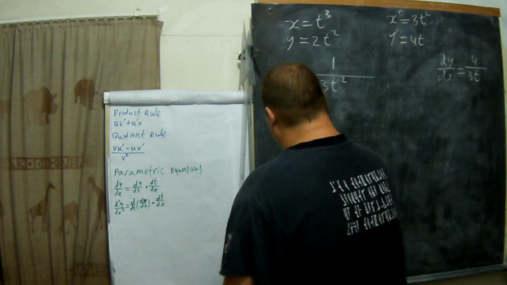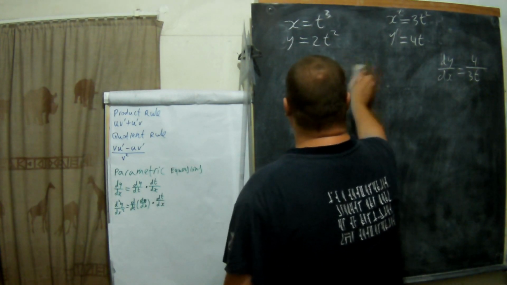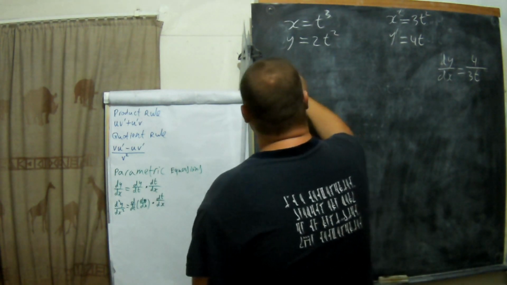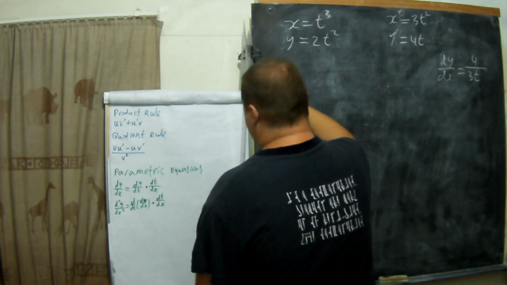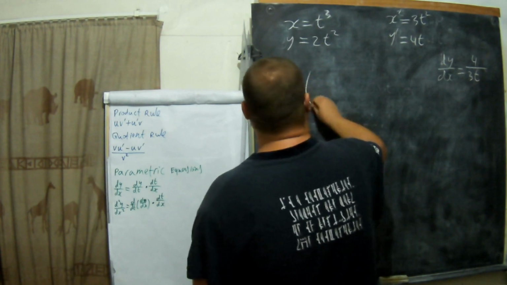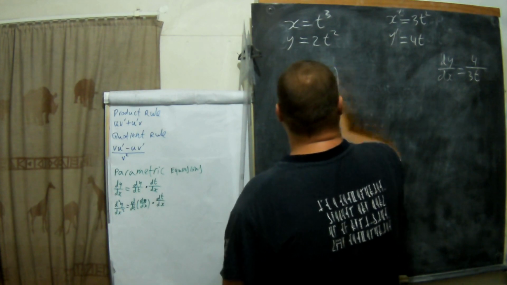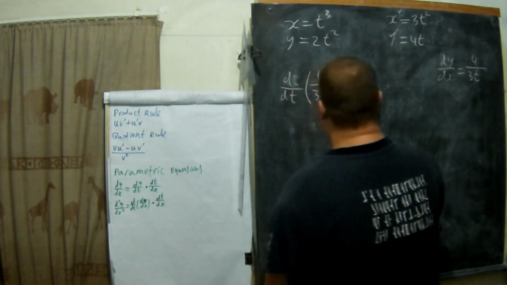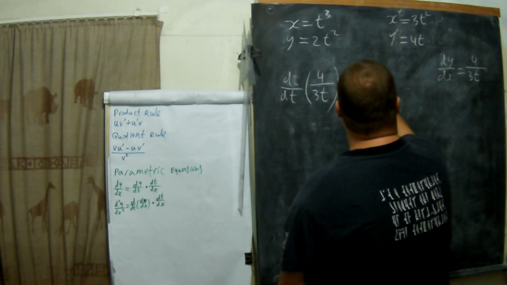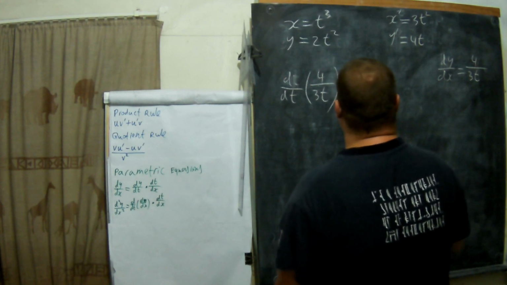Now we're going to do a second order derivative. Second order derivative goes d over dt of 4 over 3t multiplied by 1 over 3t squared.